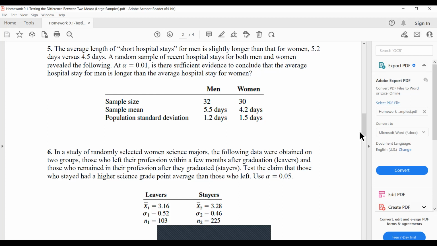Now I'm going to point out something because I noticed it in the answer key that might throw you off, because there's a couple of ways you could do this, depending on which way you made the groups. That's why you need to tell which group is group 1 and which group is group 2, because things happen like this.